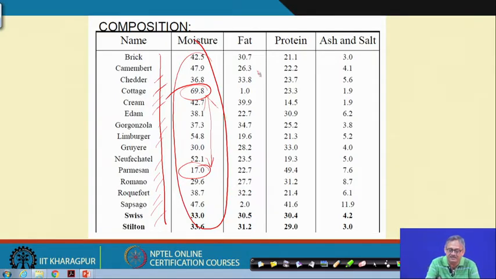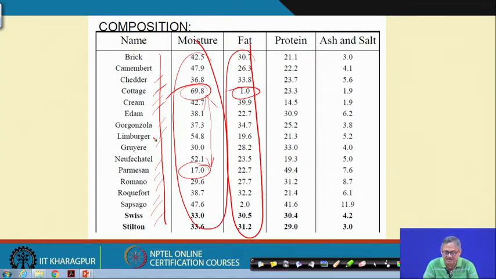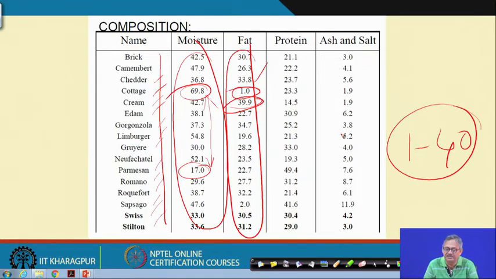And fat content also varies very widely, like the smallest one could be 1% fat and the highest one could be around 39.9%. Yes, this is the highest. So the smallest one is 1 and the highest 40% fat, that is how widely the fat varies.